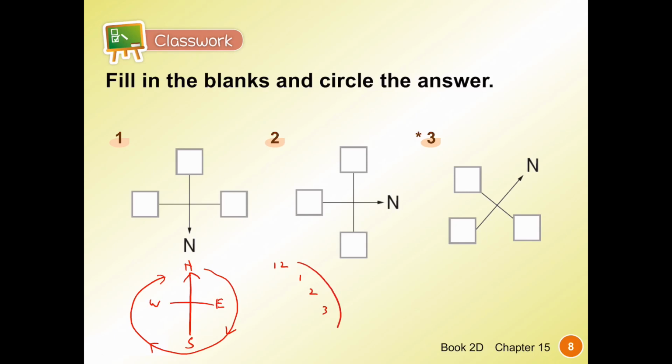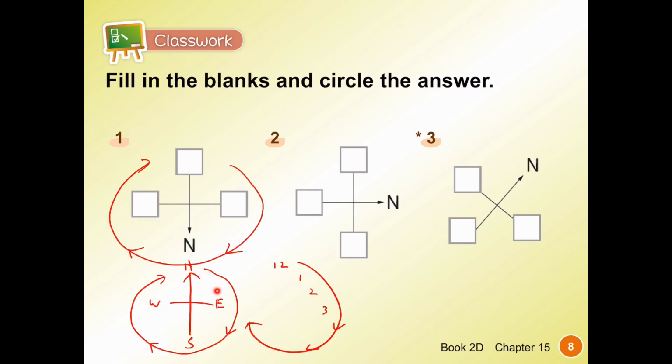This is called a clockwise direction. For question number 1, if the N is over this side, and if we go through the clockwise direction, then the next one would be here.